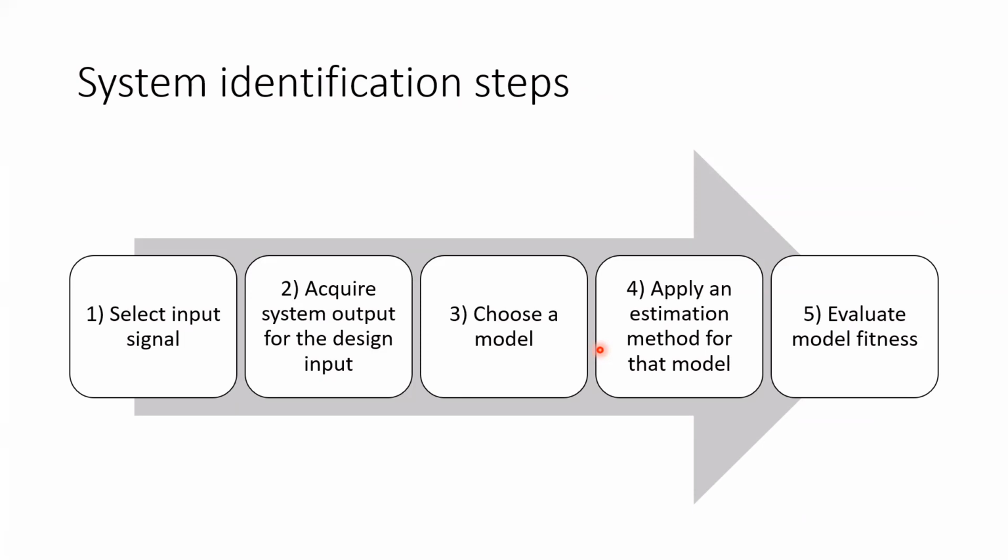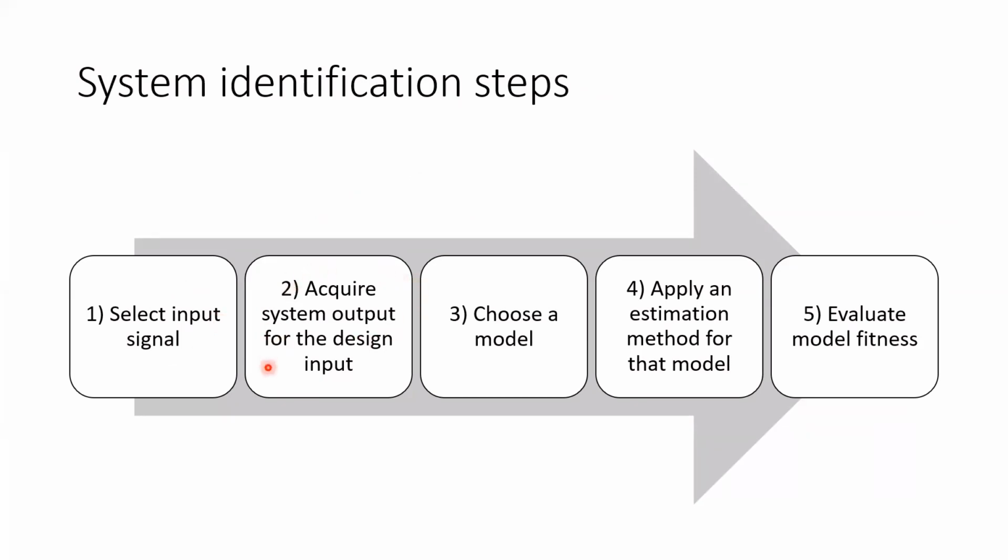First of all, we have to select an input signal that makes the system show its real dynamical behavior. Usually we can do this using step signals, sine wave signals, impulse signals, or any other type of signals. In our case, we're going to focus more on step and impulse responses.